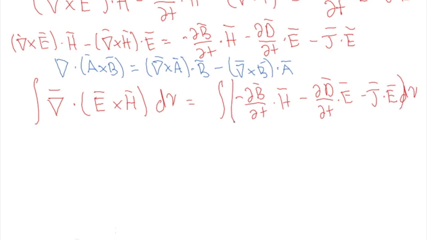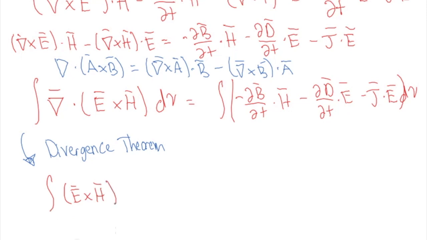So we are going to be using our divergence theorem in order to simplify down our left-hand side. So that will give us now the integral of the electric field crossed with the magnetic field times dS, and that equals our right-hand side.